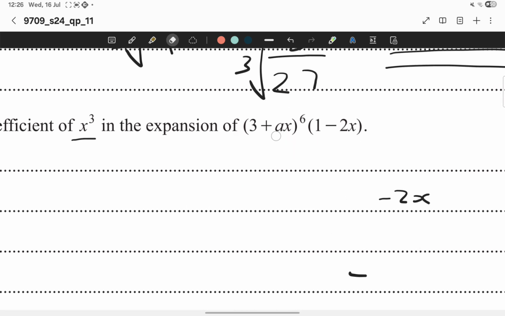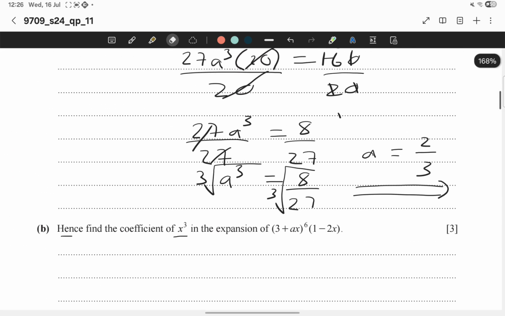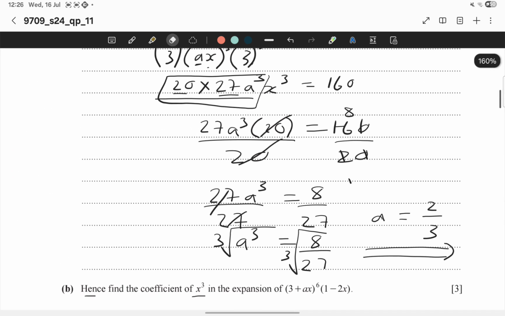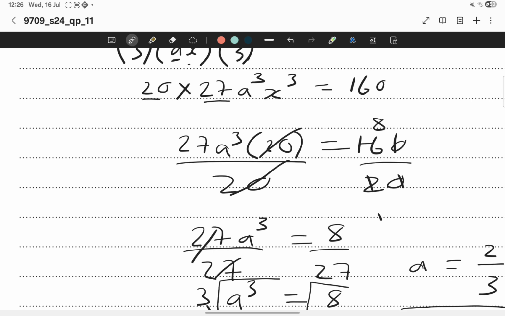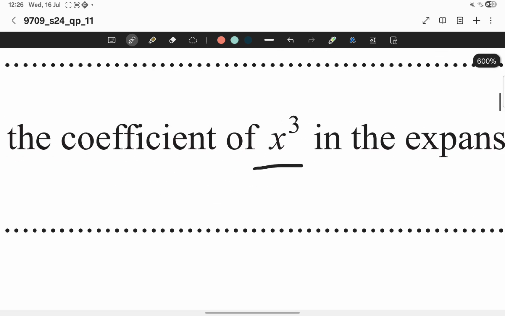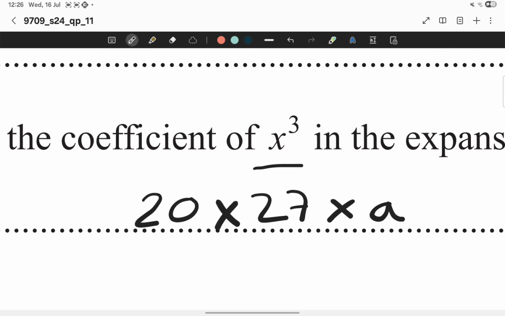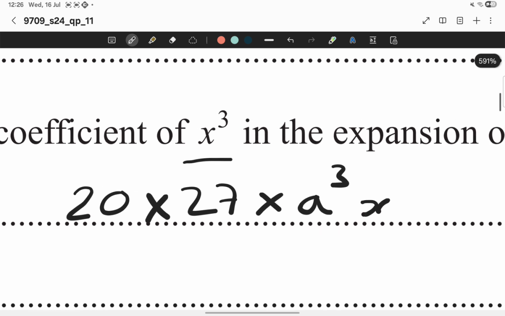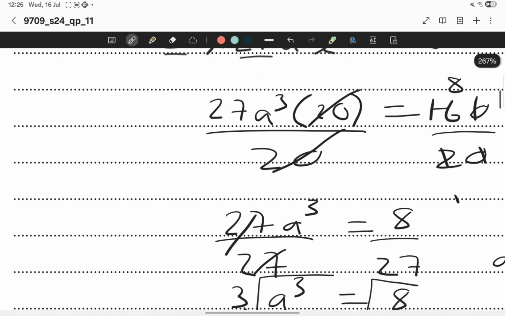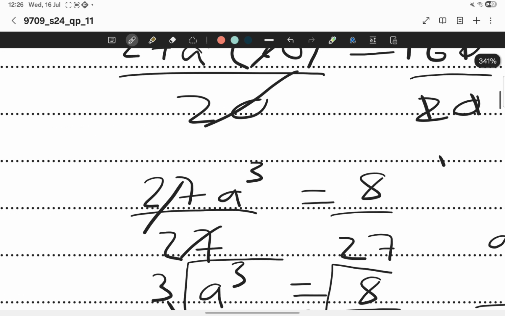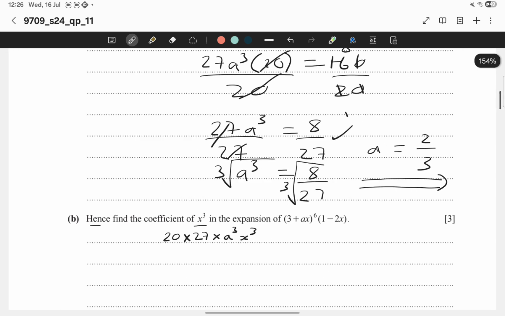So here's what we're going to do. We know the coefficient of the term in x to the power 3 is this. It's this from the previous question. Right? It's 20 times 27 times a to the power 3 x to the power 3. And we know that a to the power 3 is equal to 8 over 27.